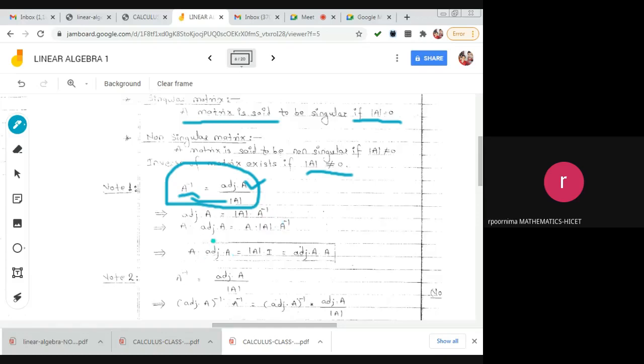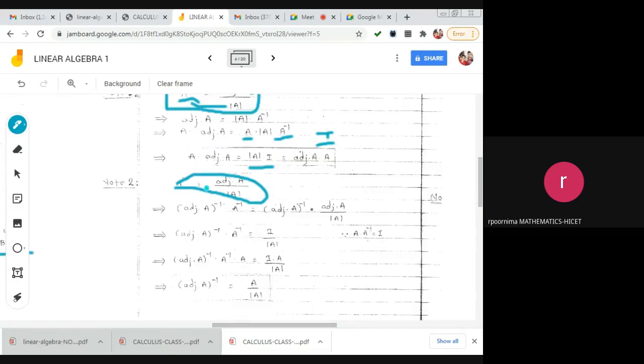This A into A inverse can be written as I, the identity matrix. So determinant A into I, which is equal to A into adjoint of A. So A inverse is adjoint of A by determinant of A.